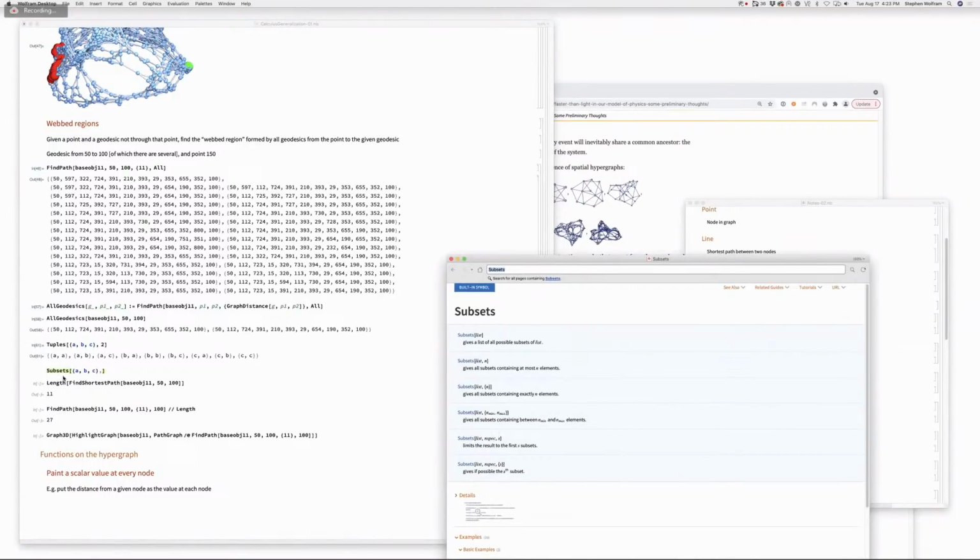Yes, subsets will probably not work for the directed case, but in this case it should give the right answer. Right, exactly. So tuples is what we're going to need in the directed case, I think. And so having self loops, which in the directed case, oh boy, I don't even know what to think of that.